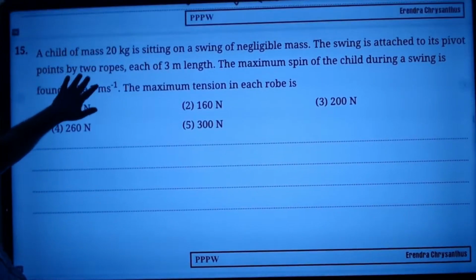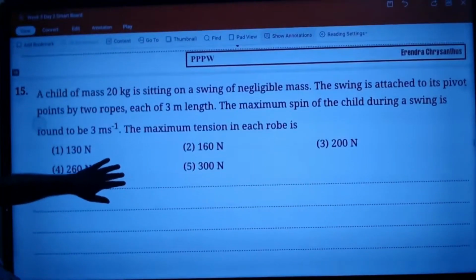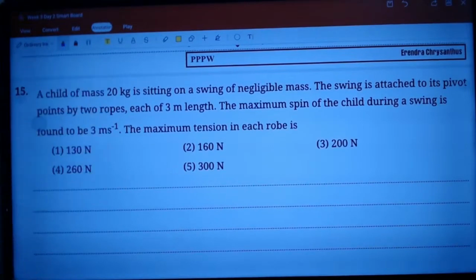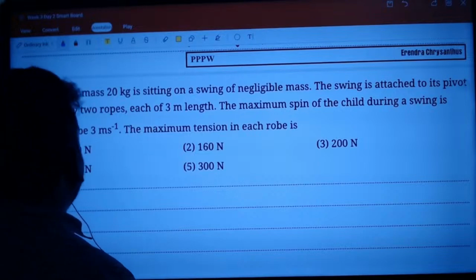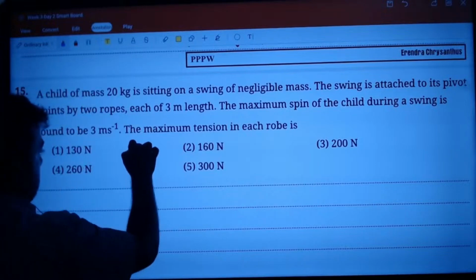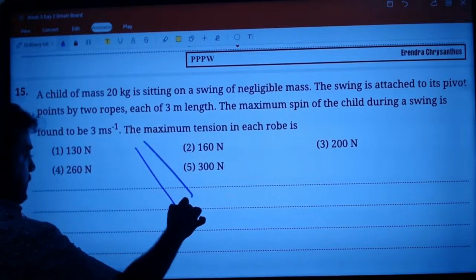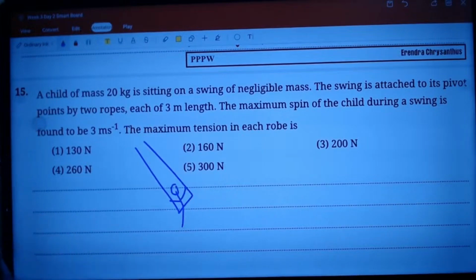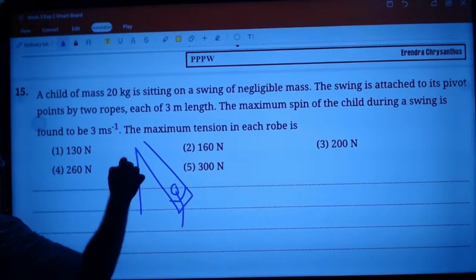Question number 20. A child of mass 20 kg on a swing is attached to a pivot by 2 ropes. Child is sitting and coming. Now this reaches the lowest point.